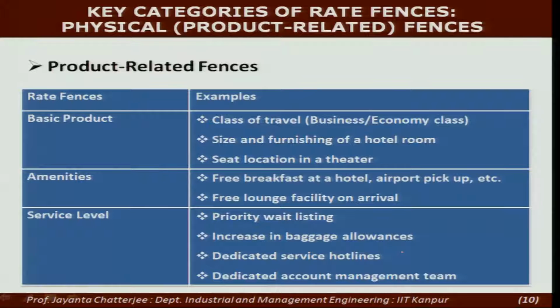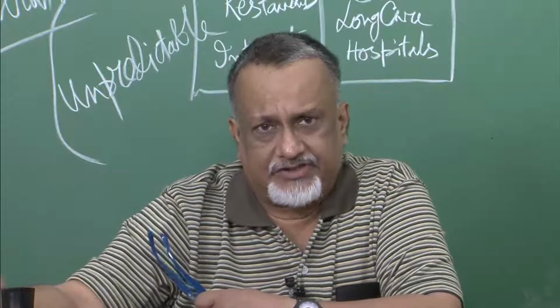As you see on this chart, they can be like class of travel, business class versus economy class. Or it could be the type of room, executive room, premier room, deluxe room, standard room, etc. in a hotel. Or it could be seat location in a theater. So, it could be like the platinum seats which are right at the back with some luxury seating arrangement, and there could be gold, silver, and that sort of different types of seats.